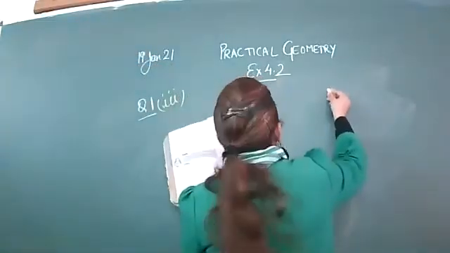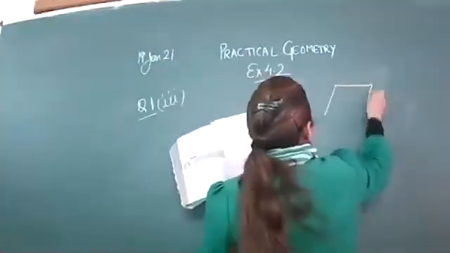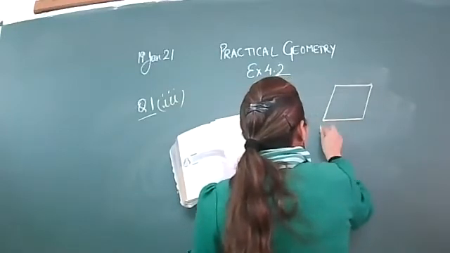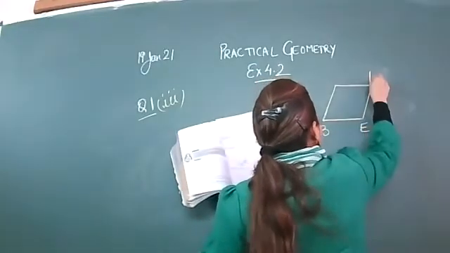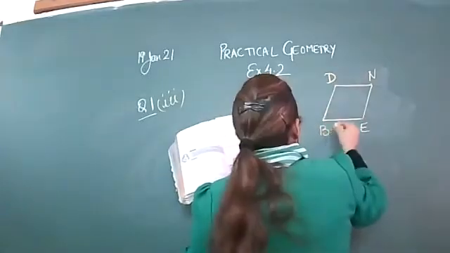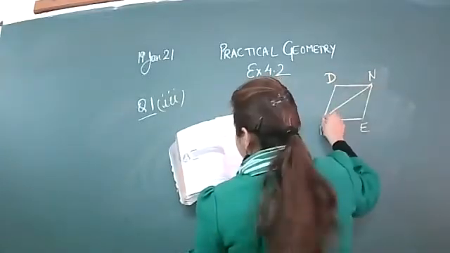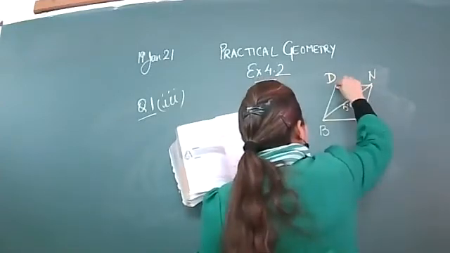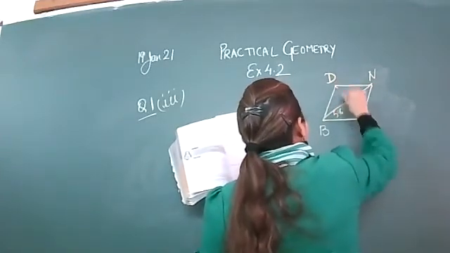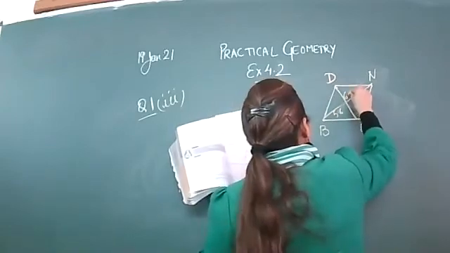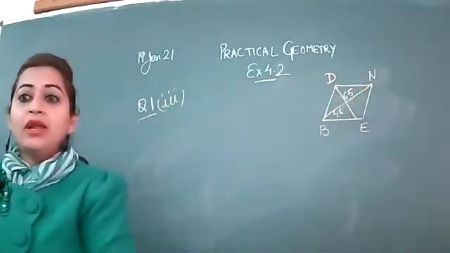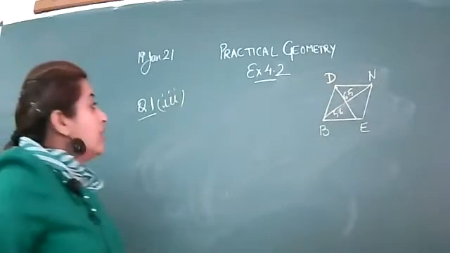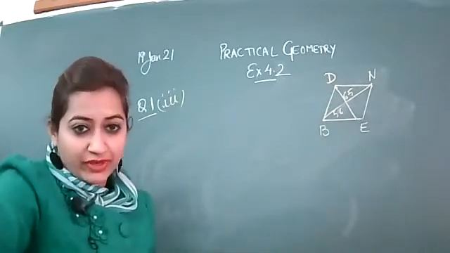Third part, your rhombus is BEND. So let's draw a rough figure of a rhombus BEND. This is BEND. BN, that is the diagonal, that is 5.6, and DE, that is another diagonal, that is your 6.5. Now here beta, as you can see that sides are not given.